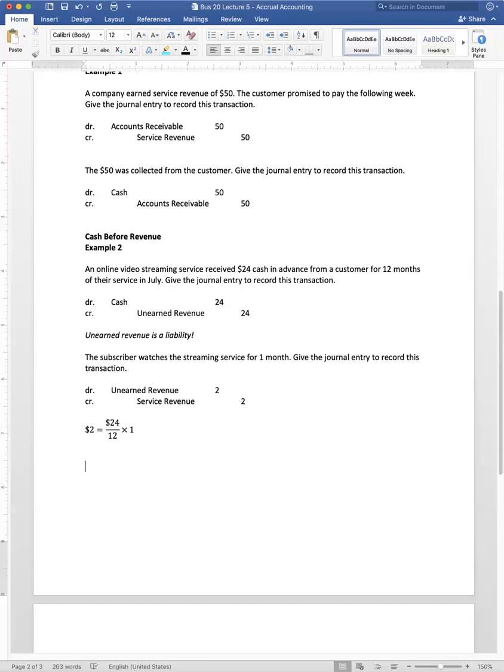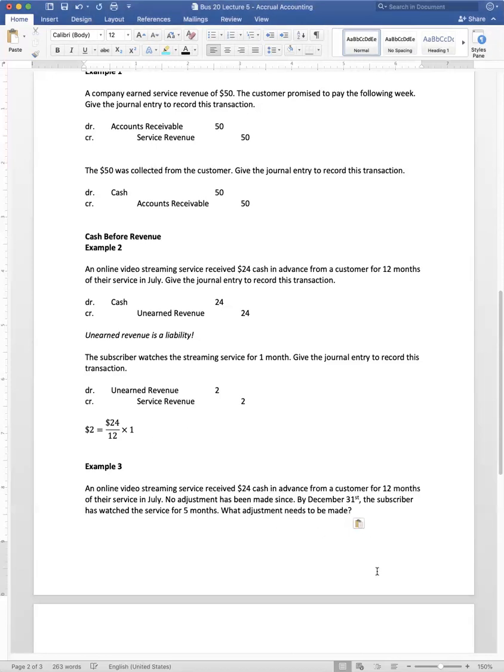Okay, so let's redo example 2, something very similar, but a little more realistic. An online video streaming service received $24 cash in advance from a customer for 12 months of their service in July. No adjustment has been made since.